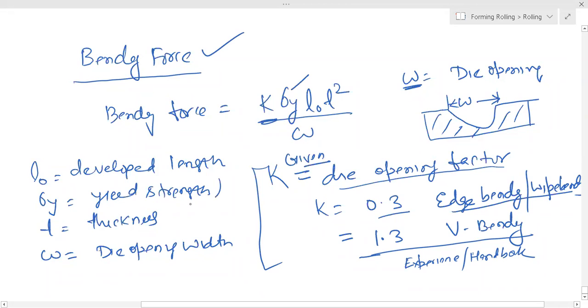Sigma y is again a material property. L0 is the developed length.